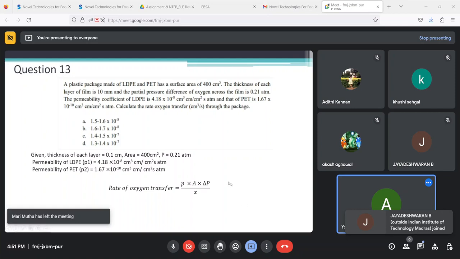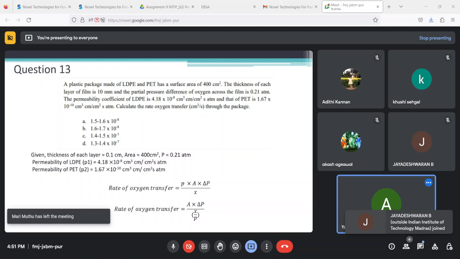This is very similar to your thermal conductivity formula, where if you take P in the denominator, you have A into delta P divided by X by P. In thermal conductivity this was U, equal to 1 by U in case of heat transfer. In case of mass transfer, this will be your effective mass transfer coefficient. If it's confusing, you can let it go, but it's very similar.